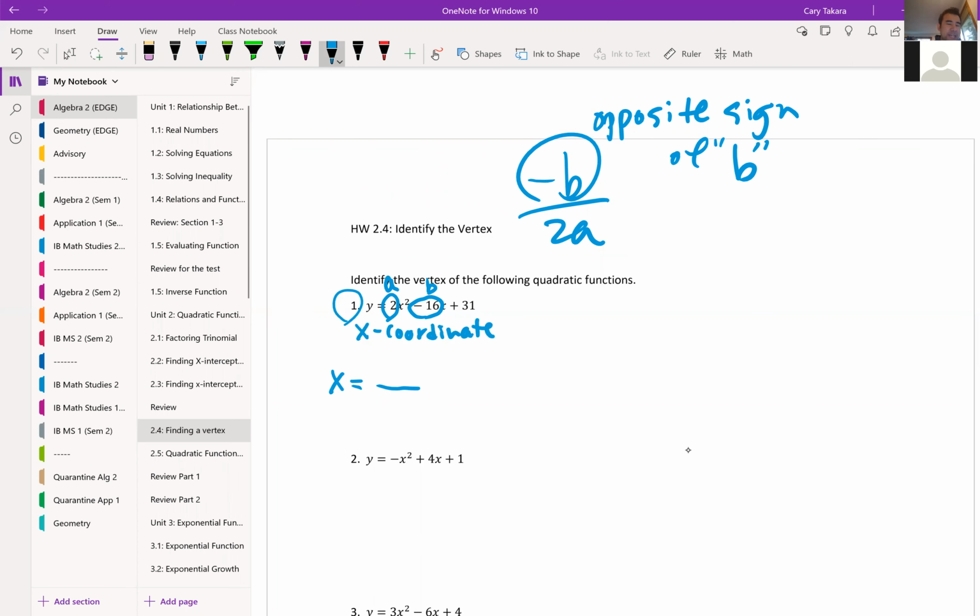So since b is negative 16, it will be positive 16. You okay on that? So positive 16 over 2 times 2. That's 16 divided by 4, which is 4. So you just found the x coordinate of the vertex.